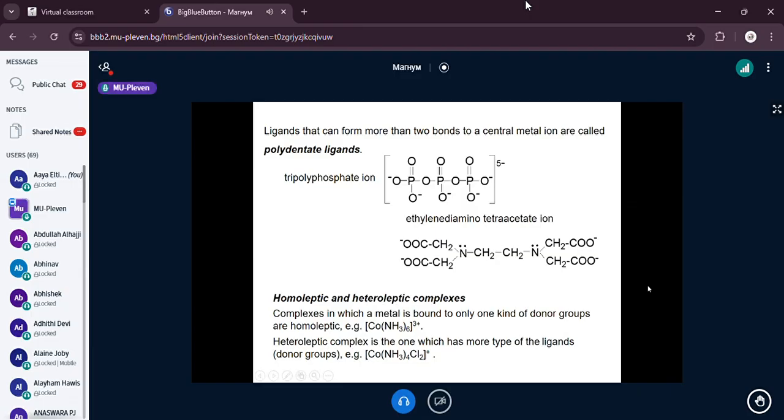And regarding ligands, here we can introduce also heteroleptic complexes. Homoleptic complexes, in these complexes, only one kind of ligands is present. In heteroleptic complexes, ligands are different. Like in this example, ligands are ammonia molecules and 2 chloride ions.